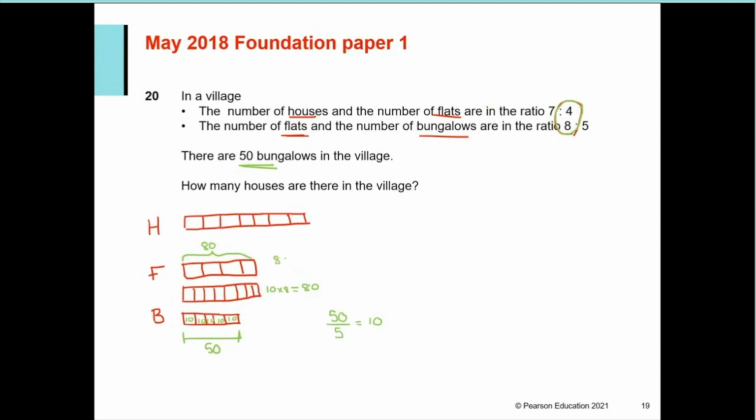So I've got to do 80 divided by 4, which is 20. First time I did this with the kids at school, I think they thought I was doing some kind of magic, that this was some sort of sorcery. And then 20 times by the 7, so we've got 140. So my answer is 140.